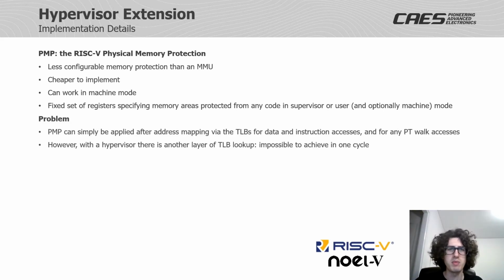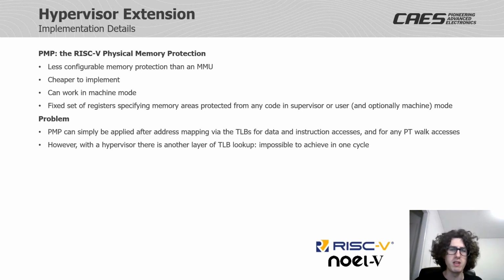In a simple implementation, the PMP checks can be applied after the address mapping via the TLBs, both for data and instruction accesses as well as for any page table walk accesses.